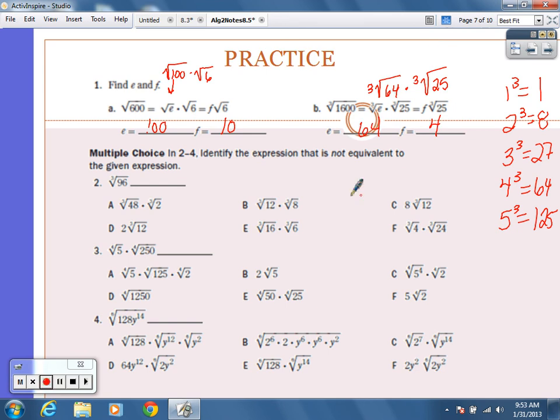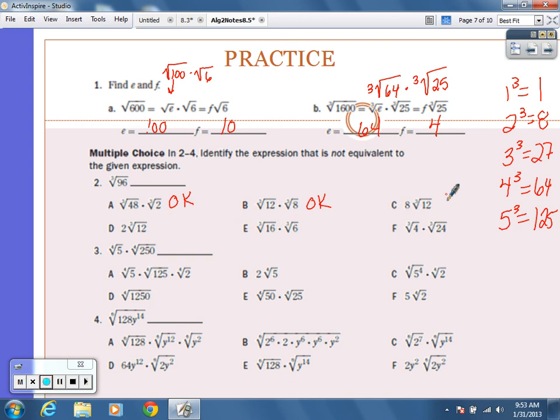Okay, let's try 96. Identify the expression that is not equivalent to the given. Well, 48 times 2 is 96, right? Cube root. This will work out. This one's okay. 12 times 8 is also 96. Cube root. That one's okay. 8 is on the outside.